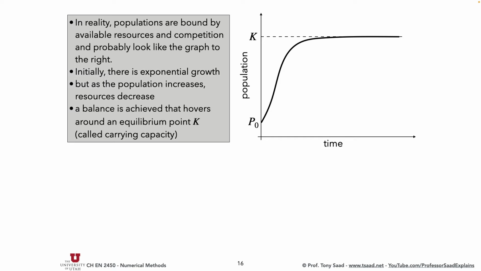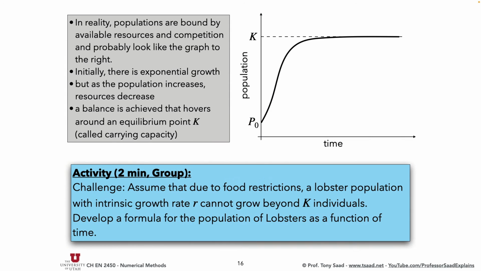Okay, so now here's the challenge, and this is how I'm going to tie this into differential equations. It was easy for you to derive the equation 2 to the power t P0, or P0 e to the rt. What about this case? Can you come up with a formula for P of t, the population of lobsters after some time t, such that it has a carrying capacity K? Just say some K, some carrying capacity. Think about it.